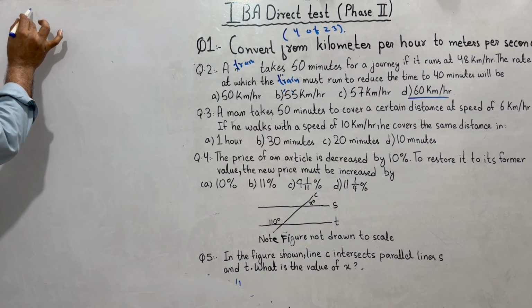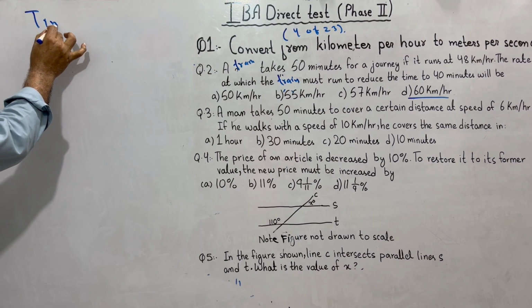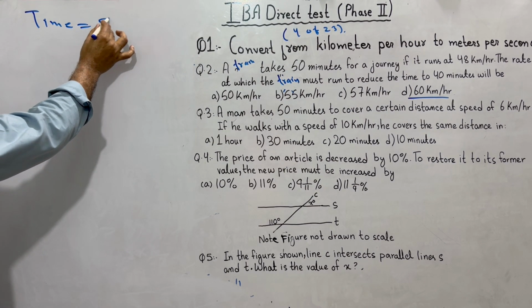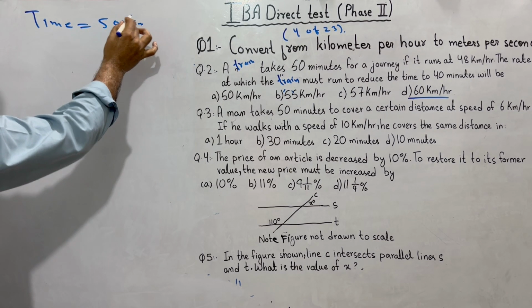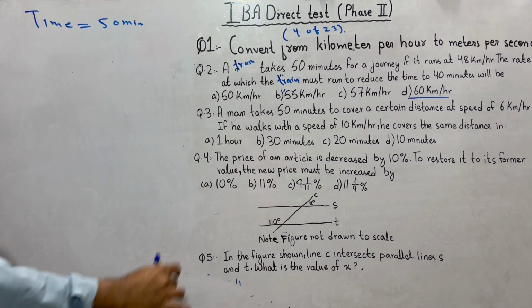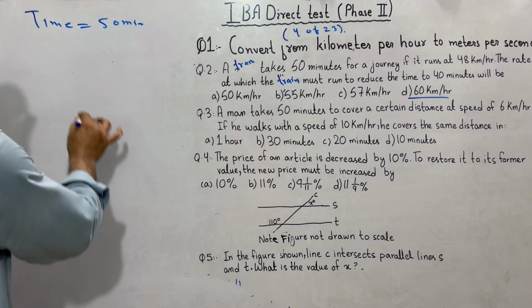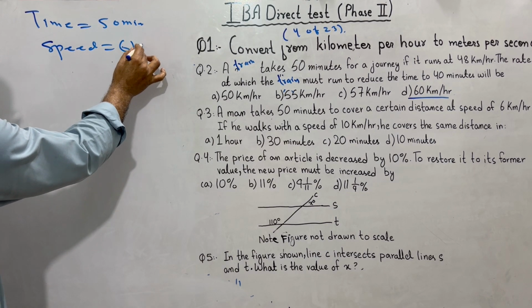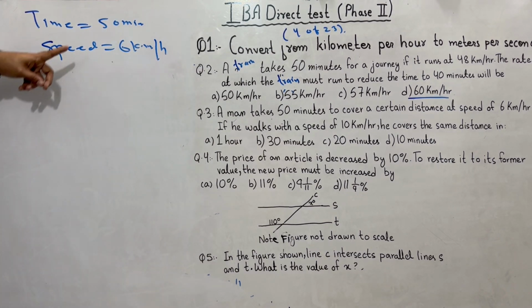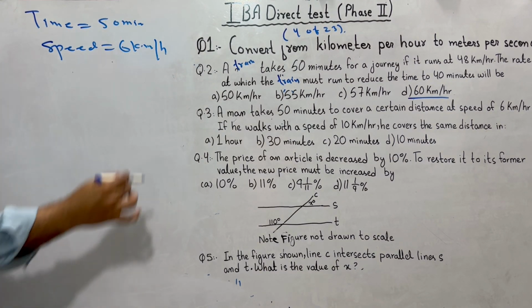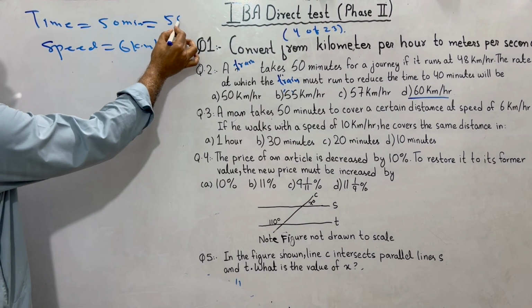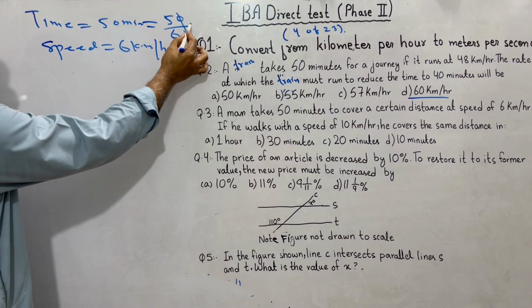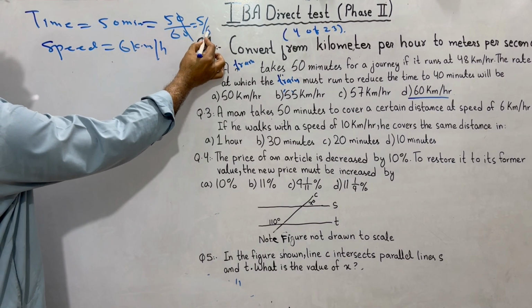First, I have time 50 minutes, and the speed of the man is 6 kilometers per hour. Converting minutes to hours by dividing by 60, I have 5 over 6 hours.